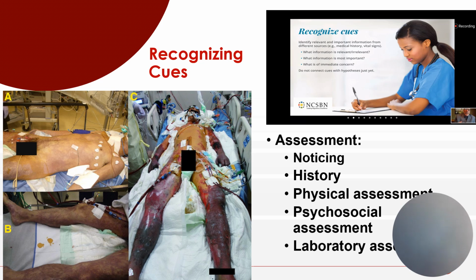They may also have stroke-like symptoms. There's no telling where all of those microthrombi will be. They'll have dyspnea, tachycardia. Kidneys are going to begin to shut down, so we're going to have oliguria, and we can also have bowel necrosis. This is a very serious situation, and only about 50% of these clients will survive.